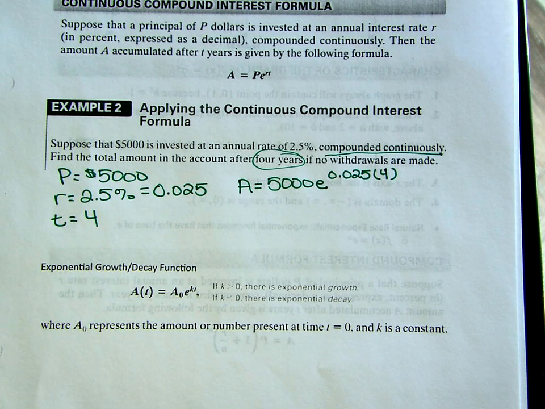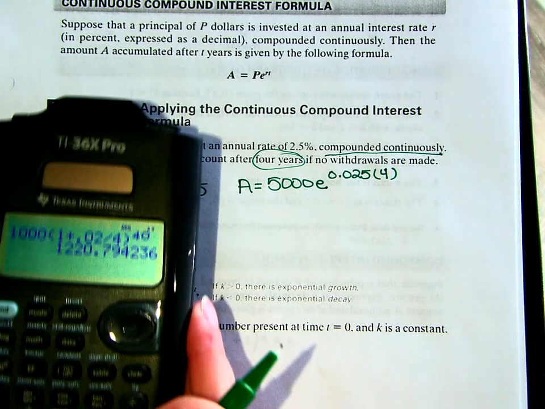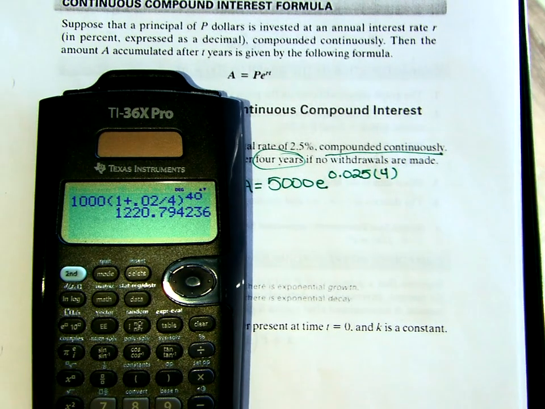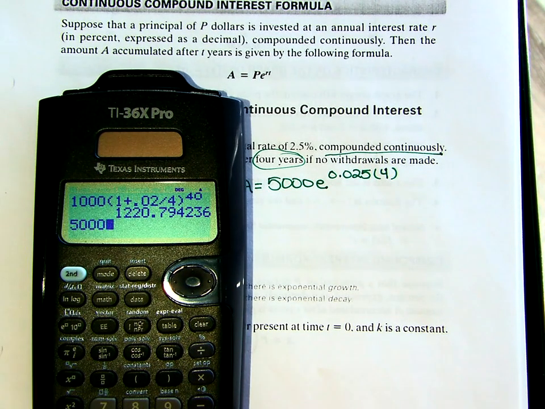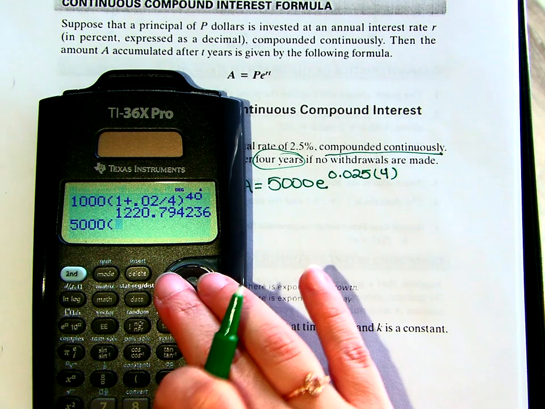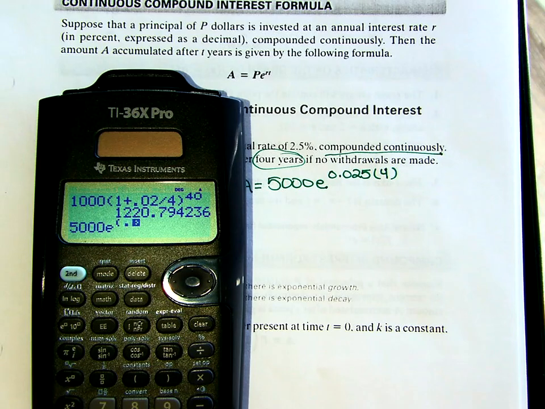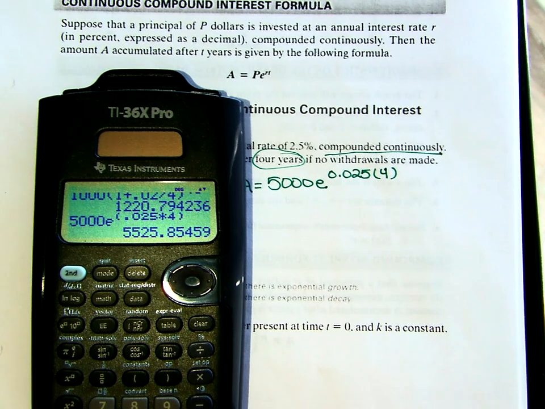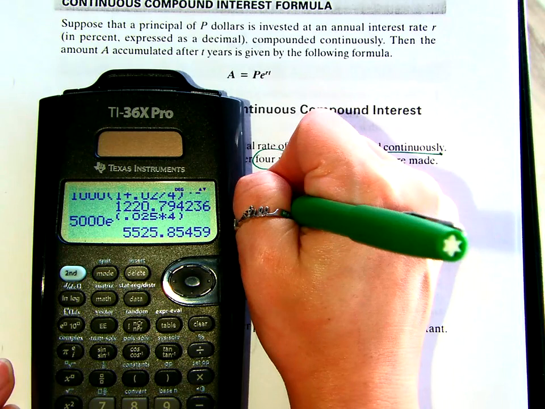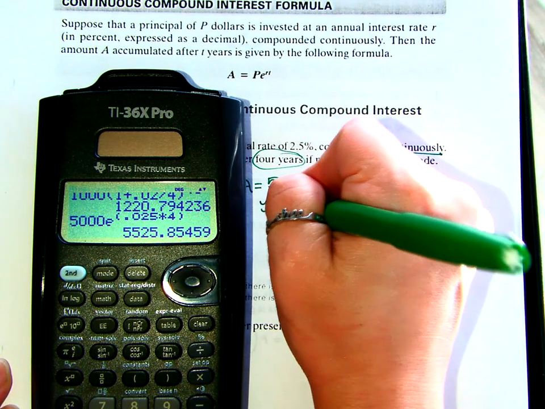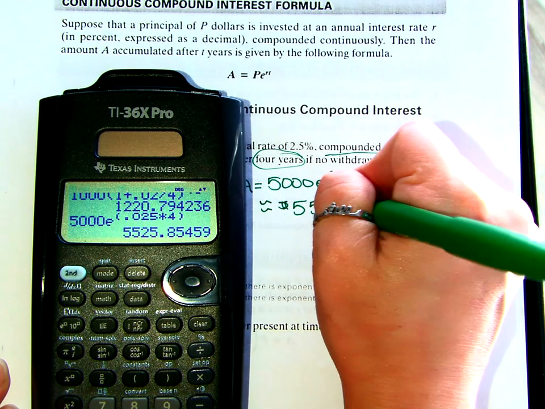And we are going to plug it in. 5,000, and then my E button, exponent button, 0.025 times 4. Approximately $5,525.85.